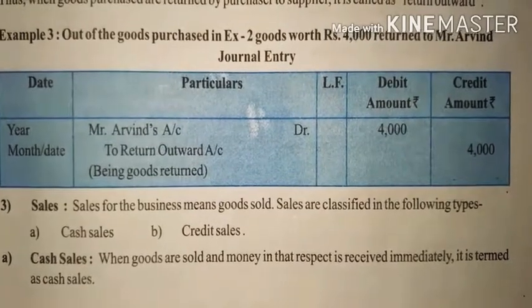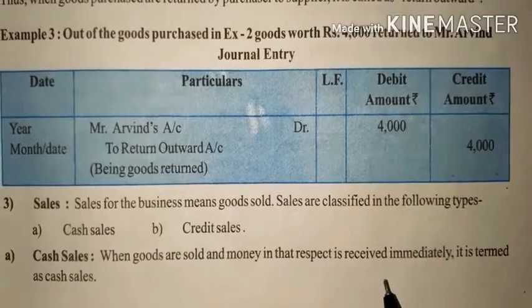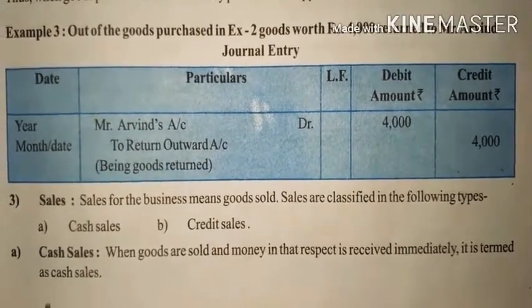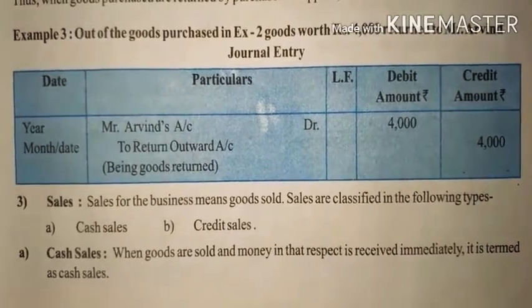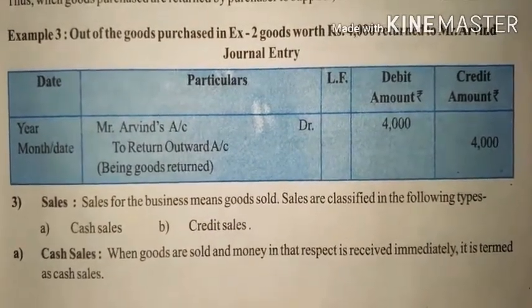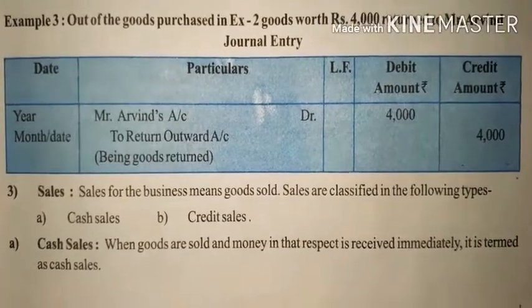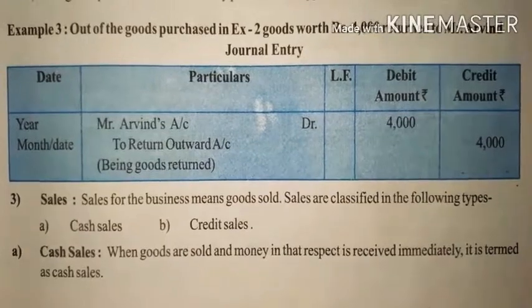Now cash sales: we already know when goods are sold and money in that respect is received immediately, it is termed as cash sales. Just imagine you are a supplier and you have sold goods to a buyer and you are receiving the payment immediately after selling those goods. It is called cash sales.